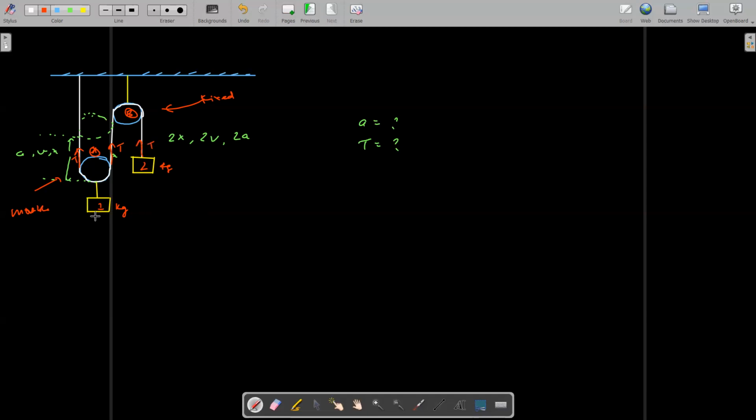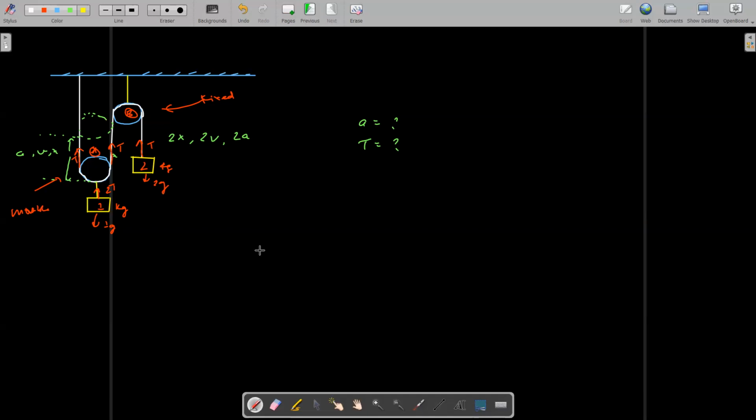And here the weight is 1g downwards. Here we know it will be 2g downwards, right? Looking at the pulley, this tension plus this tension, there will be 2T acting upwards.